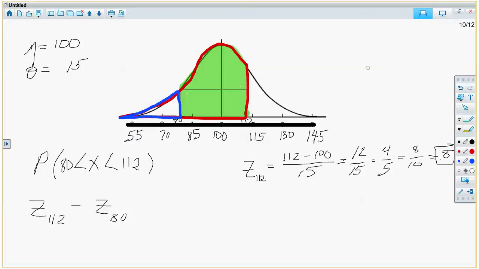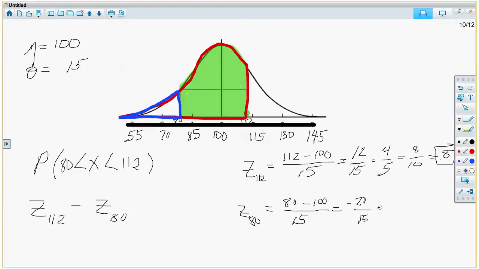Okay? Everybody agree with that? Well, yeah, because that first area right here is 84%. Didn't we say that's 84%? So let's find our z at 80. No, that's not 80%. Let's say these are IQ scores. The z-score at 80 is equal to 80 minus 100 over 15, and that's equal to negative 20 over 15.